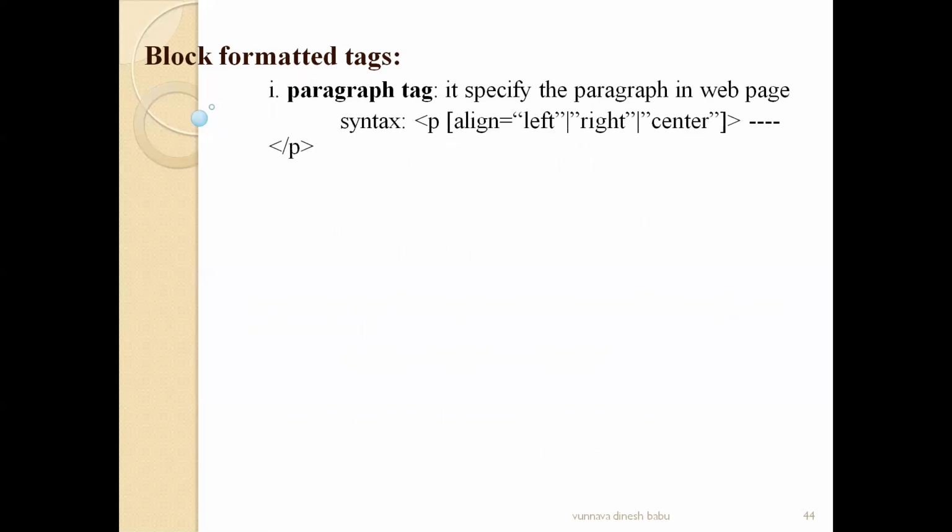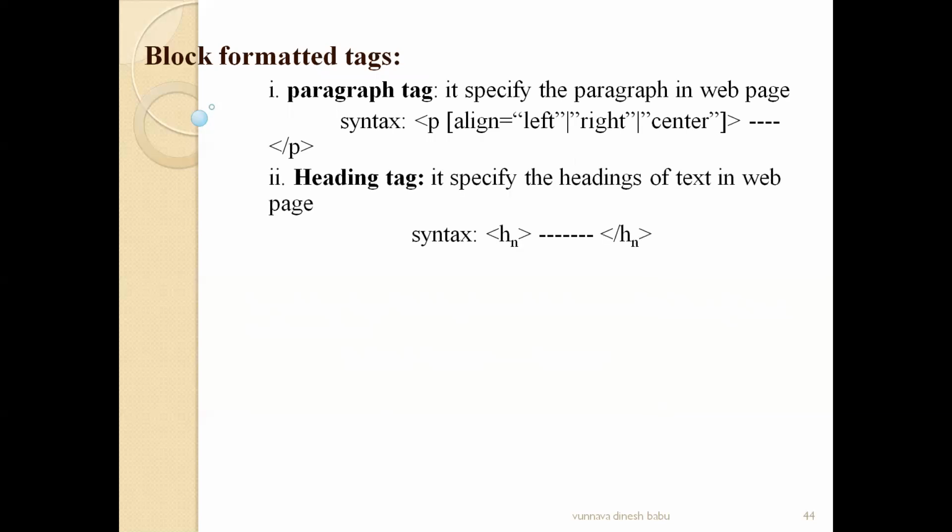Next one, block formatted tags. The first one is the paragraph tag, which we have already seen in the previous session also. If you want to write a paragraph on a screen, the entire content of that paragraph should be between the start tag of paragraph, that is the P, and /P.